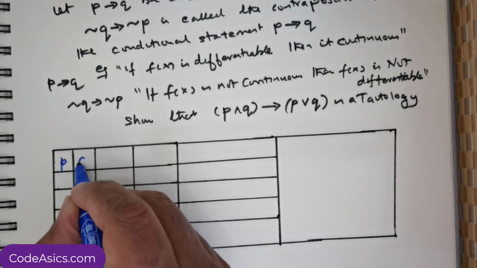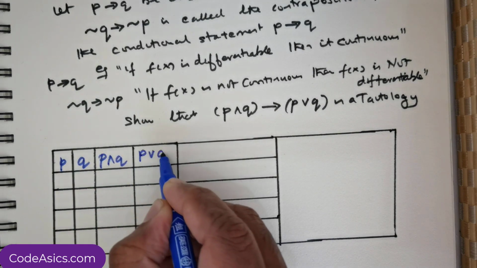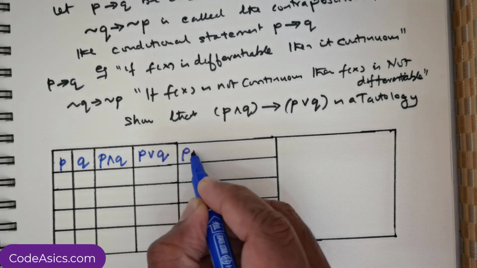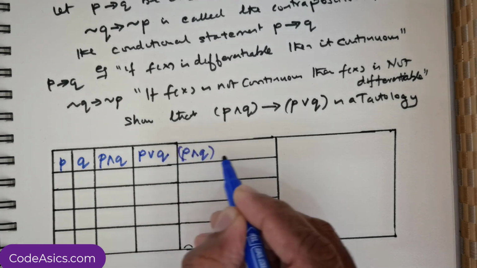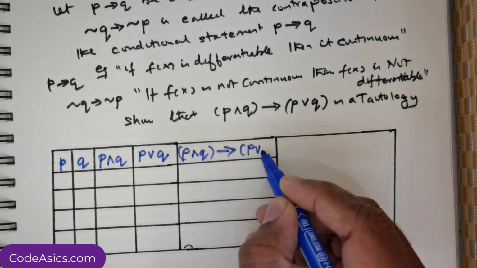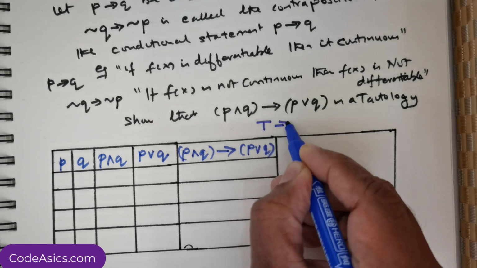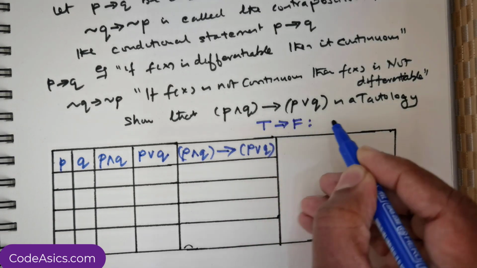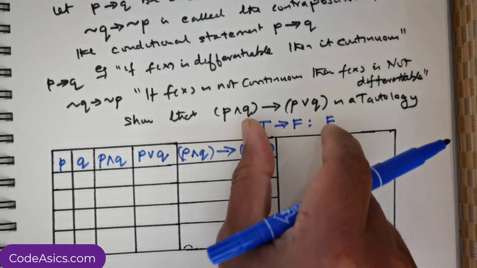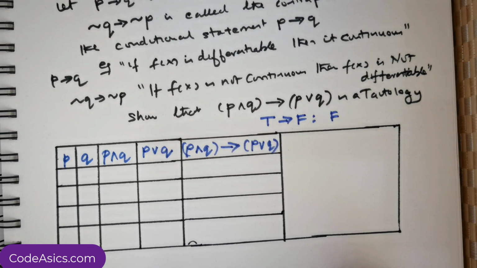This is P, Q, conjunction, disjunction, conditional, P disjunction Q. Remember, T going to F will be F whenever you are applying the conditional.